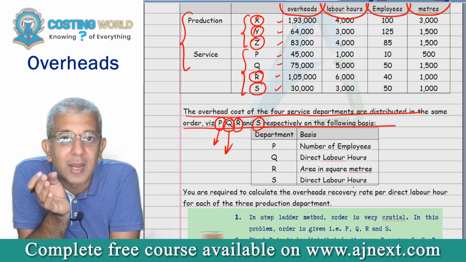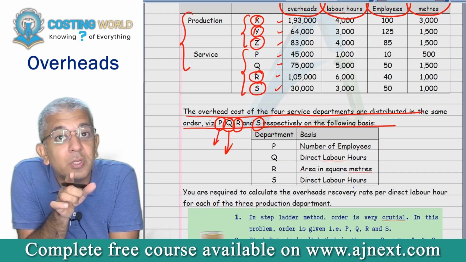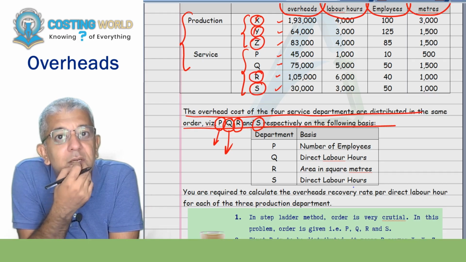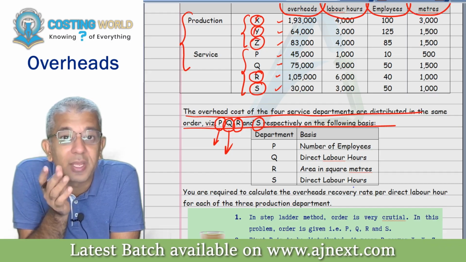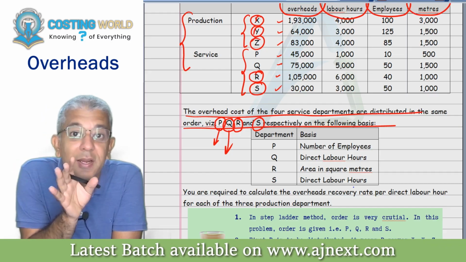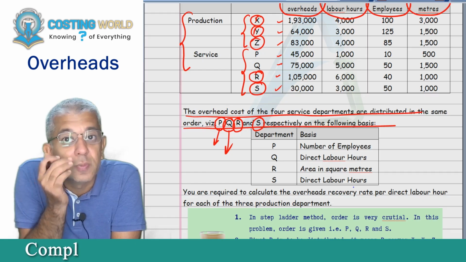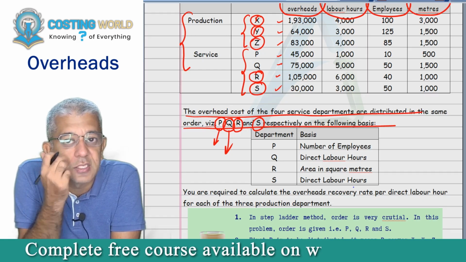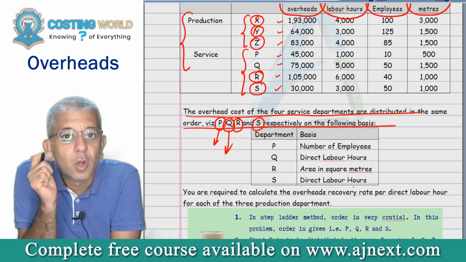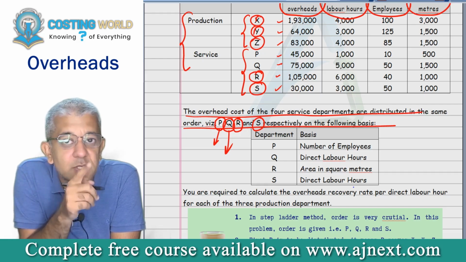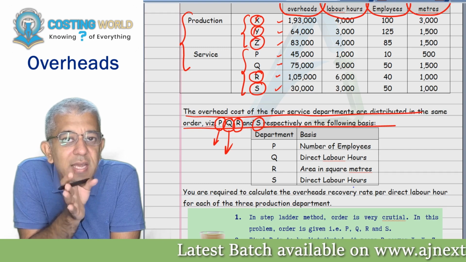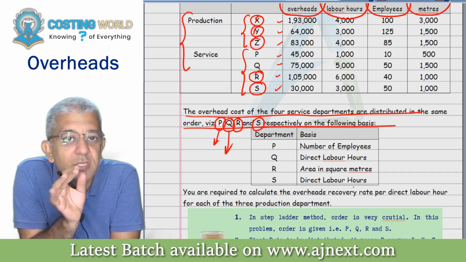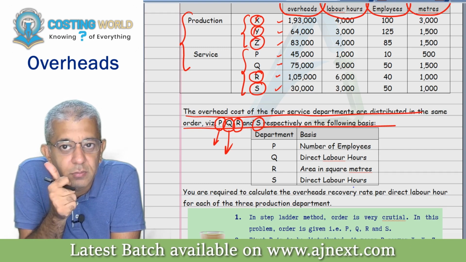And apart from that, if Q serves P, then it'll become a reciprocal method, but it is which particular method? Step ladder. So therefore, in this case, Q must be serving X, Y, Z, R and S. Is that all fine? Yes, sir. Okay, then please speak fast now. R must be serving X, Y, Z and S must only be serving X, Y, Z. Is that all fine? Yes.